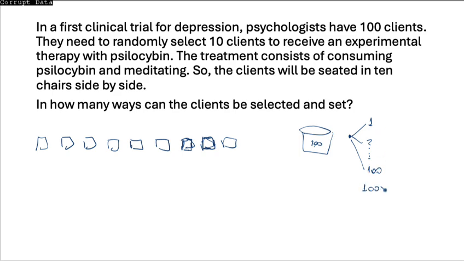Then, if you take, let's say, client number 1, you cannot pick the client again, so you will have 2, 3, 4 up until 100. So now you have 99 options, right? And then 98, then 97. But there's a problem here.